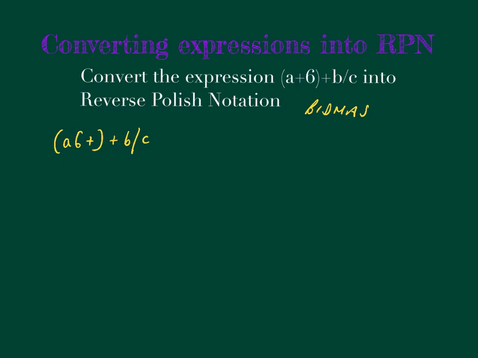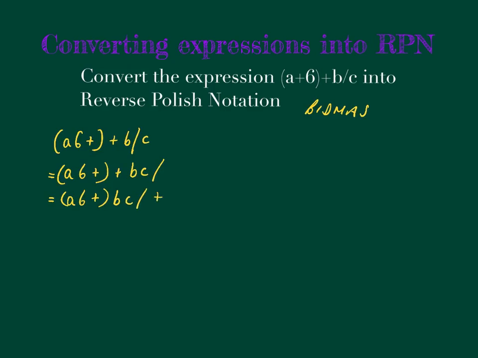The next thing we've got to deal with is the division. So that's A6 plus B over C, which becomes B, C, divide. And then we'll just tease out the addition. That's A6 plus B, C, divide.